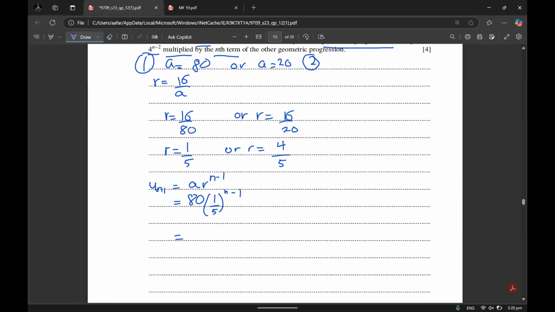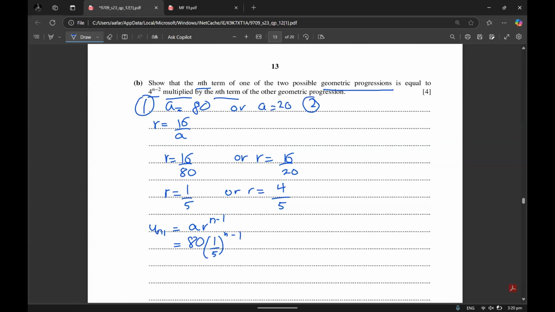So this becomes 80 times 1 over 5. Let's just leave it over here. Then u n 2 becomes 20 times 4 over 5 to the power n minus 1.